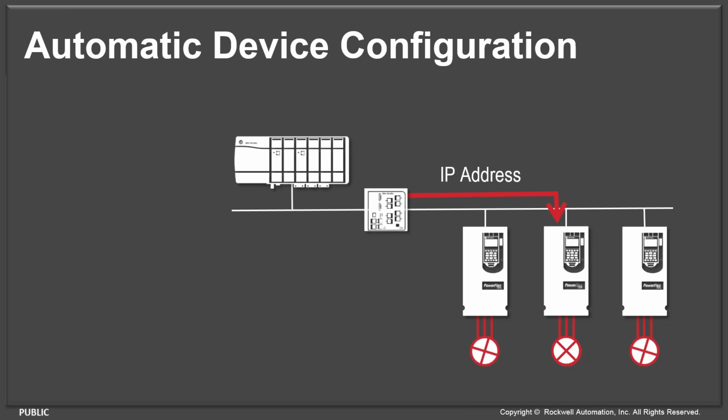After it is replaced with a new drive, all the settings will automatically get transferred to the drive from the controller. You can see how automatic device configuration can be extremely relevant in reducing time to repair, to keep the operations running.